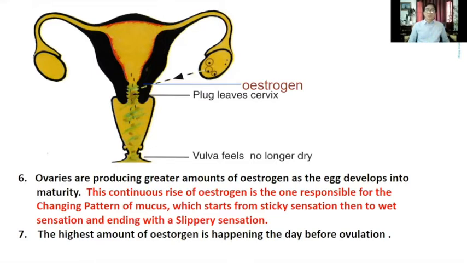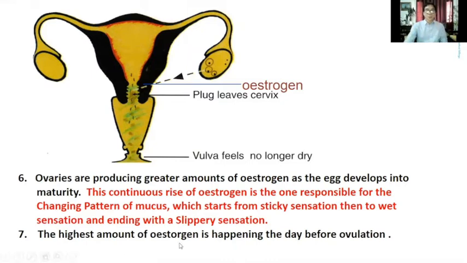Take note that the highest amount of estrogen is happening the day before ovulation. So this is the reason behind mucus progressively changing from a sticky sensation ending with a slippery sensation. It is because of the continuous rise of estrogen coming from the ovaries during follicular activity.